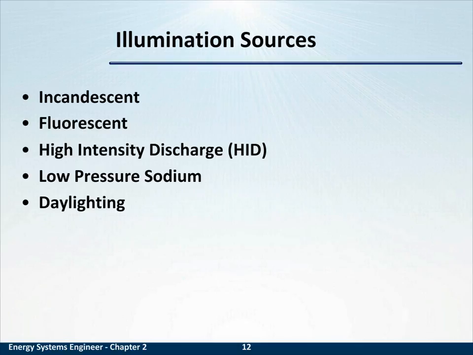Contrast that to daylighting control systems. In that regard, a daylighting control system is a sensor that detects the amount of natural daylight and adjusts the light output, the light that you created, so that you're not creating more light than you need.